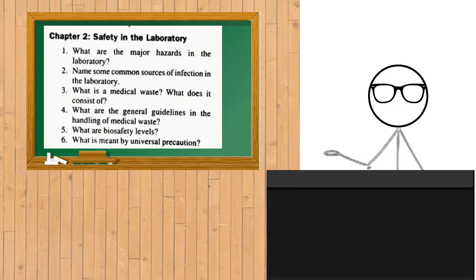Next question is number 6. What is meant by universal precaution? Universal precaution is a term used to address the safety of laboratory personnel. It was formed around 1958 by the CDC and NIH, the Centers for Disease Control and the National Institutes of Health.